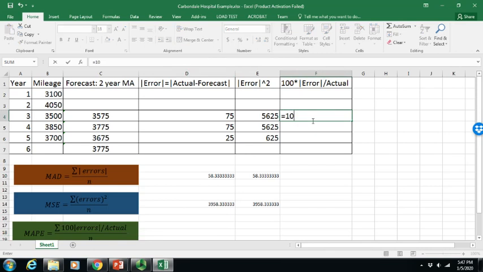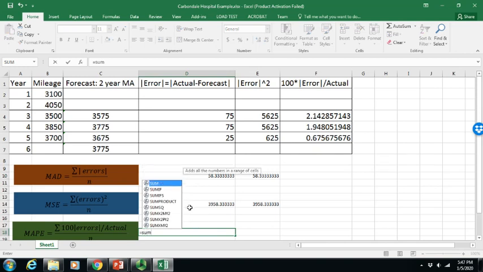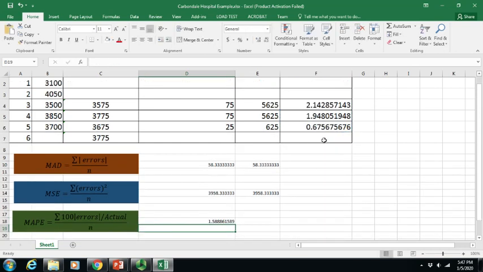So 100 times error divided by actual. And copy and paste and do again the average or sum of these three numbers and then divide by 3.